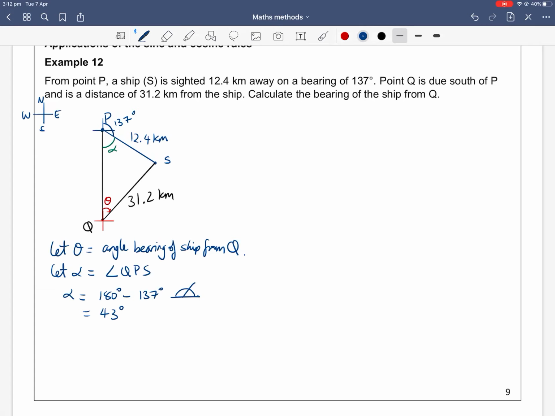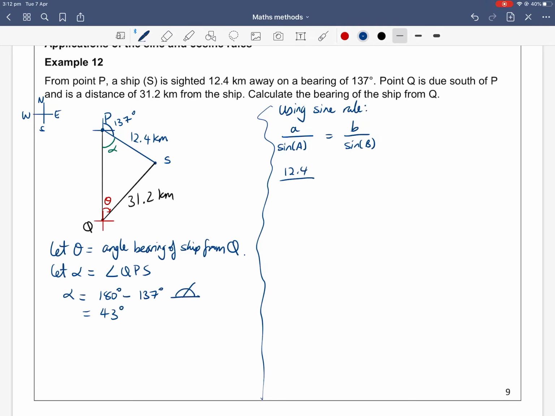And now because we've got two pairs of angles and the corresponding sides, we can immediately use the sine rule. So let's write that down. Using sine rule, the default formula, A on sine A is equal to B on sine of angle B. Let's make 12.4 my A, so then my angle A is theta.